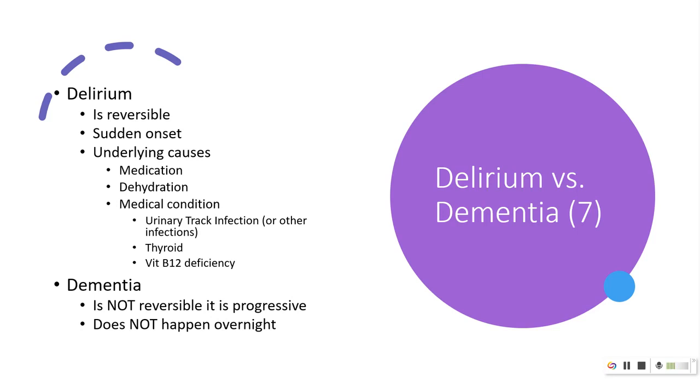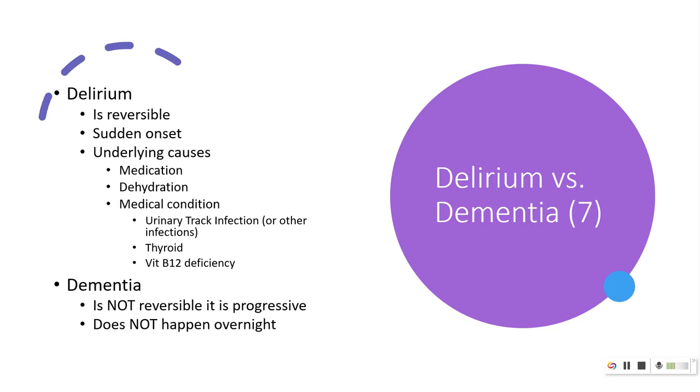Or other types of infections, like a respiratory infection, a virus, something like that. So the infection progresses and the person becomes delirious or very confused because of the infection that's occurring. There might be some thyroid issues. They might also have a vitamin B12 deficiency.